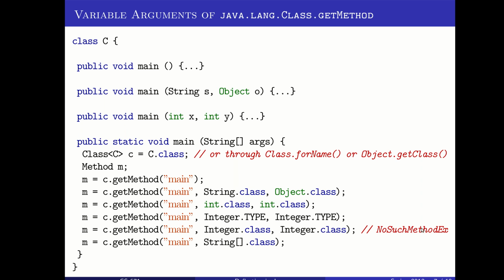You will get a NoSuchMethodException if you try to use the Integer class when you really mean the int primitive type. And then similarly, we can get the standard main method from inside of itself using the getMethod call with main and the String array class. Even arrays have their own class that we could access.